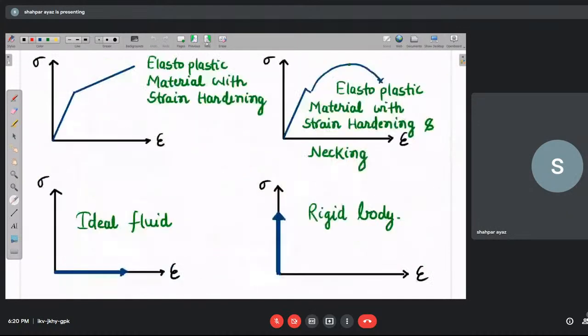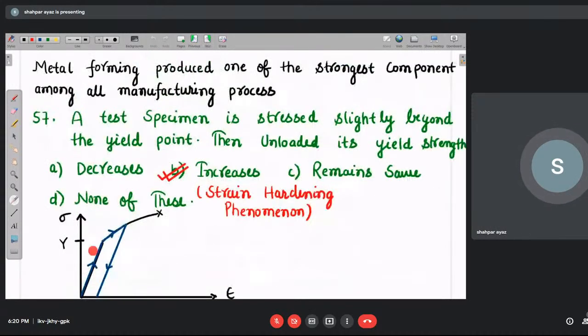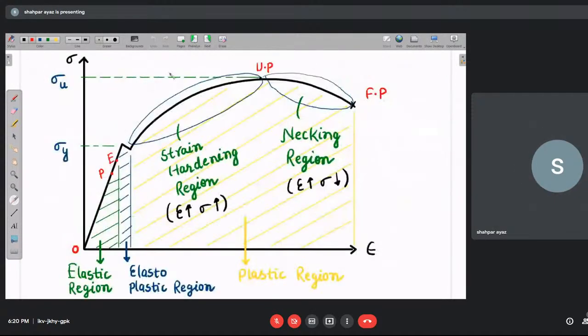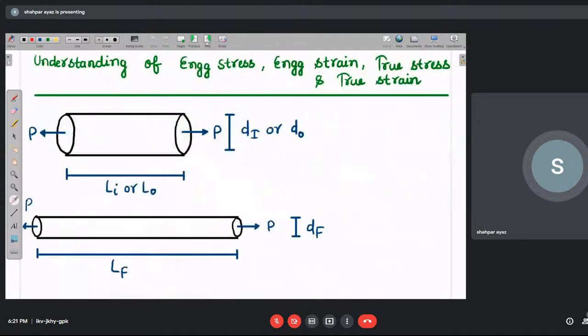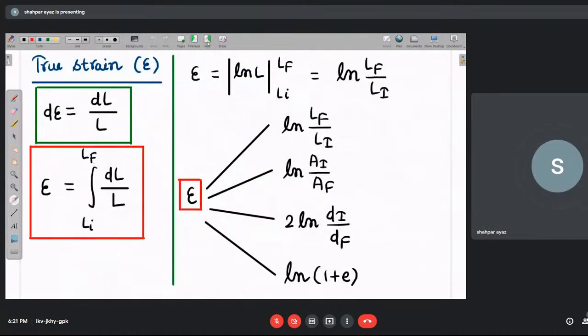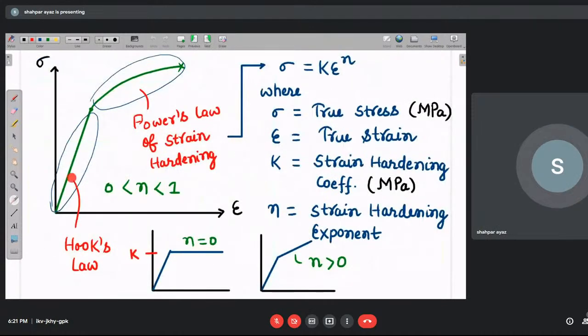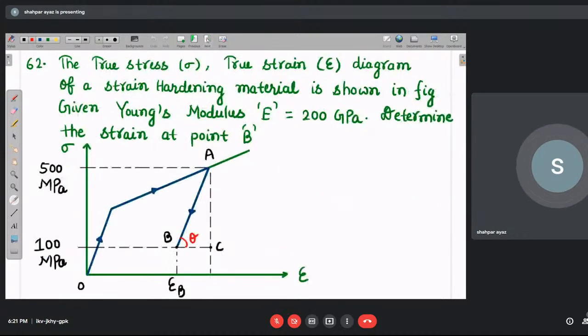See, this is the loading and this is the unloading. So the slope of the loading and unloading curve of true stress versus true strain follows Hooke's law. In the elastic limit, the loading curve follows Hooke's law as well as the unloading curve. Remember that these two are straight lines that follow Hooke's law, and the rest follows power law.